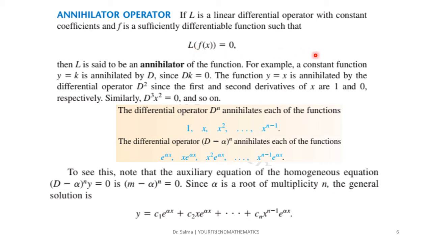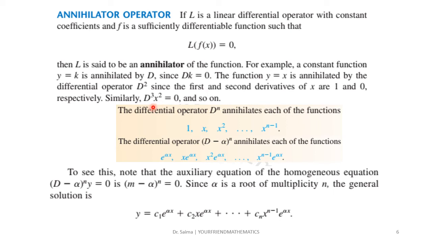If we take any constant function y equals k, and we apply D on it, then the derivative of a constant is 0. So D annihilates this function, or y equals x is annihilated by the differential operator D squared. When we take 2 times the derivative of x, we get 0.